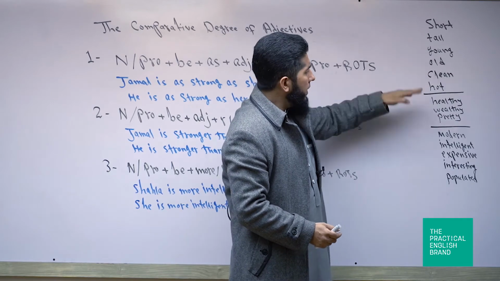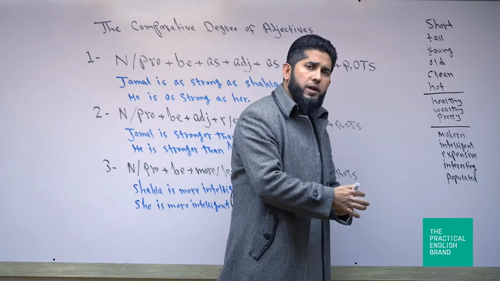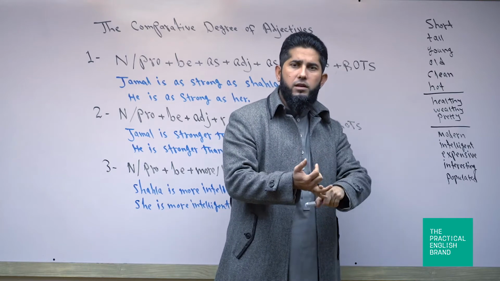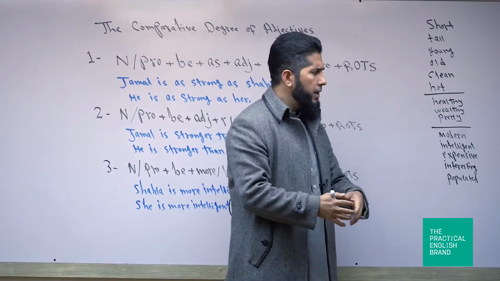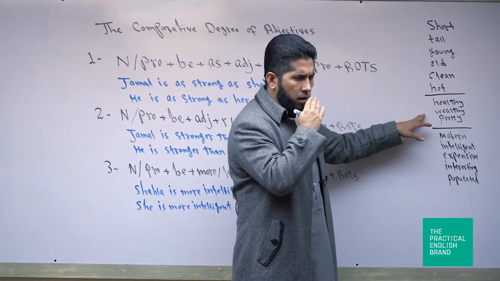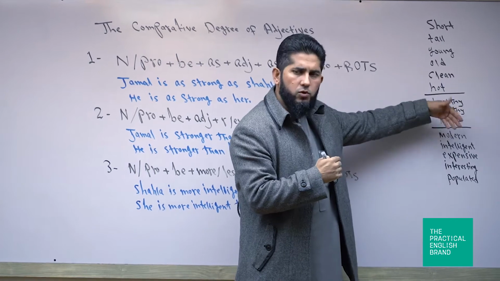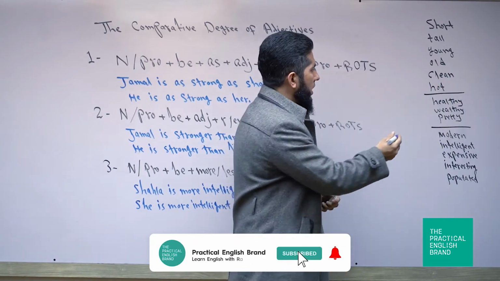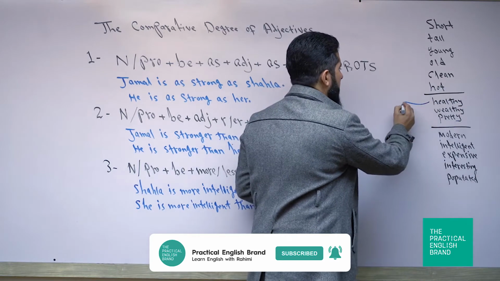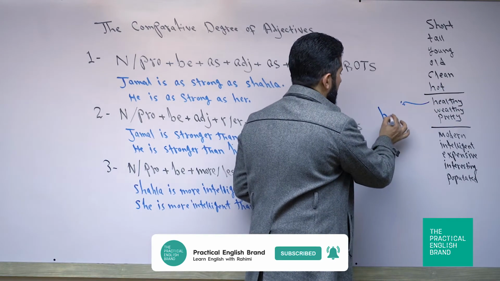Okay? And if the adjective is a two-syllable adjective like wealthy and healthy and pretty and angry and hungry, there are a lot, okay? Then, in the same way, just change Y to I, and after that, add ER. For example, healthy in comparative degree would become healthier.